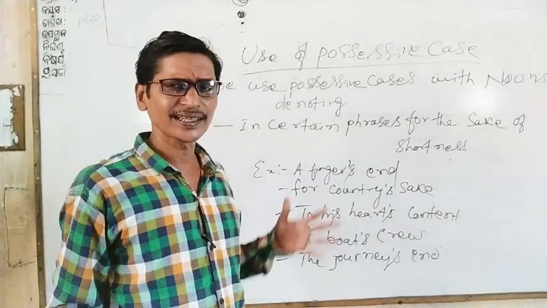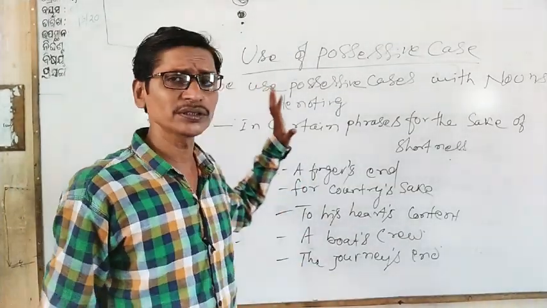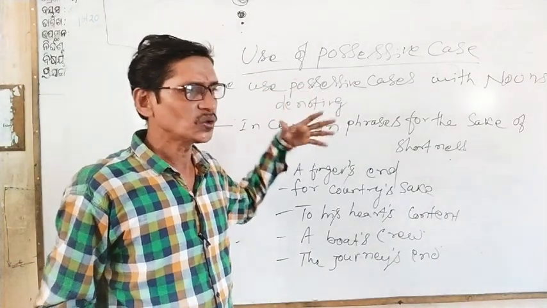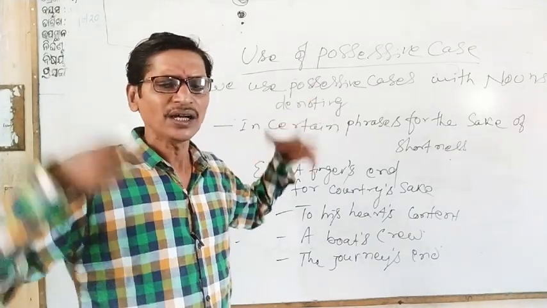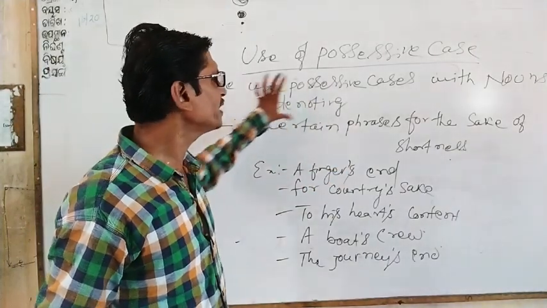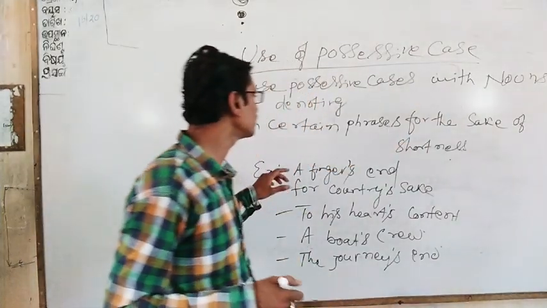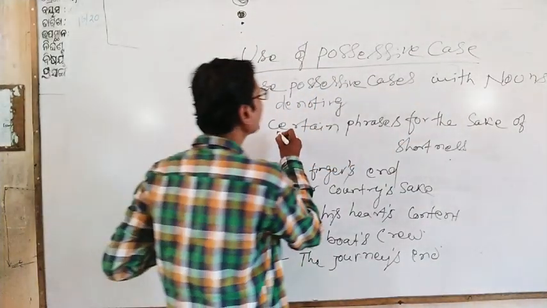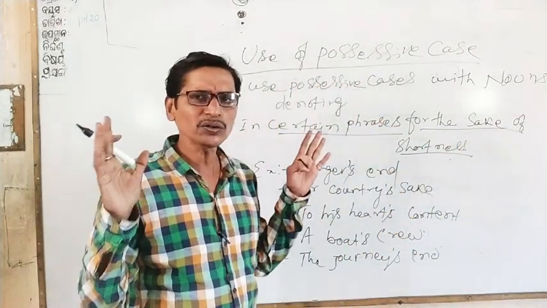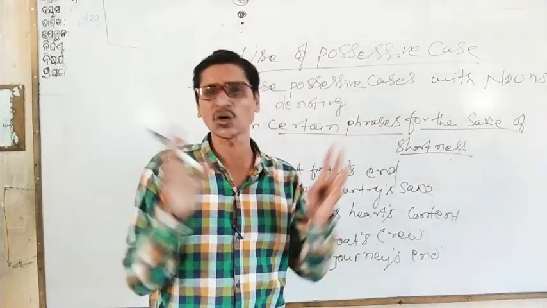As we already discussed, some nouns denote time, space, value, weight, and other things. Similarly, sometimes we use the possessive case with nouns in certain phrases, for the sake of shortness, because we want to make our sentences shorter.